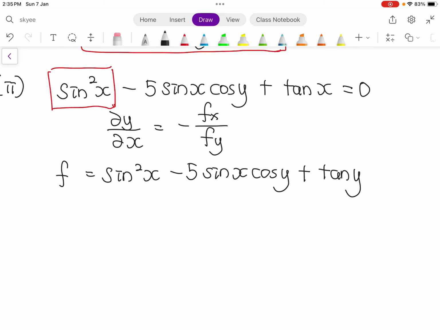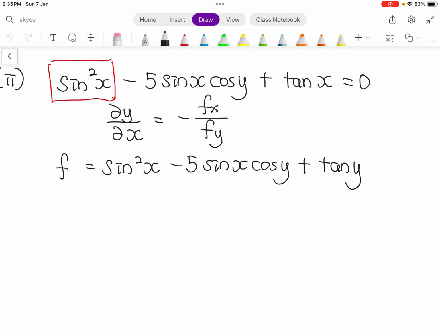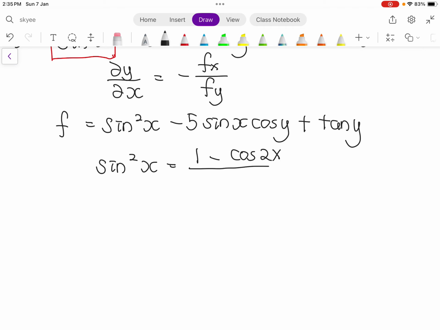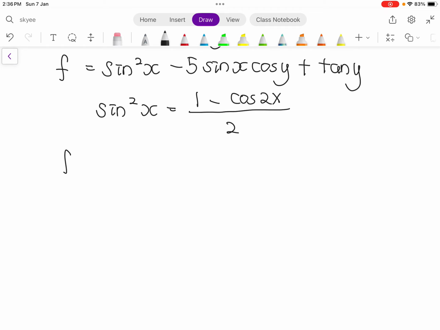For this one we need to apply some identity, so that later on the calculations will become easier when you want to do the differentiations. So for this sine square x, you could rewrite it to be 1 minus cos 2x over 2, and then we can apply this into the f formula.